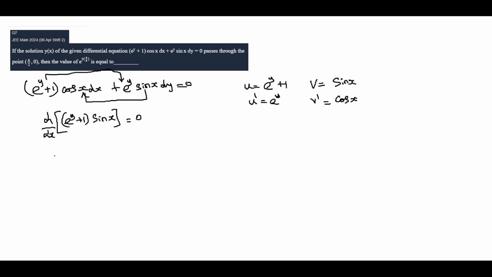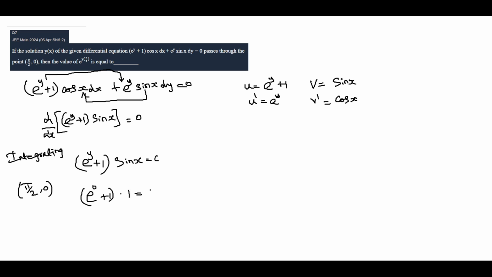Now integrating it, e power y plus 1 into sin x equal to c. Now the point given is pi by 2 comma 0. So e power 0 plus 1 into sin pi by 2 is 1 equal to c. So c equal to 2.